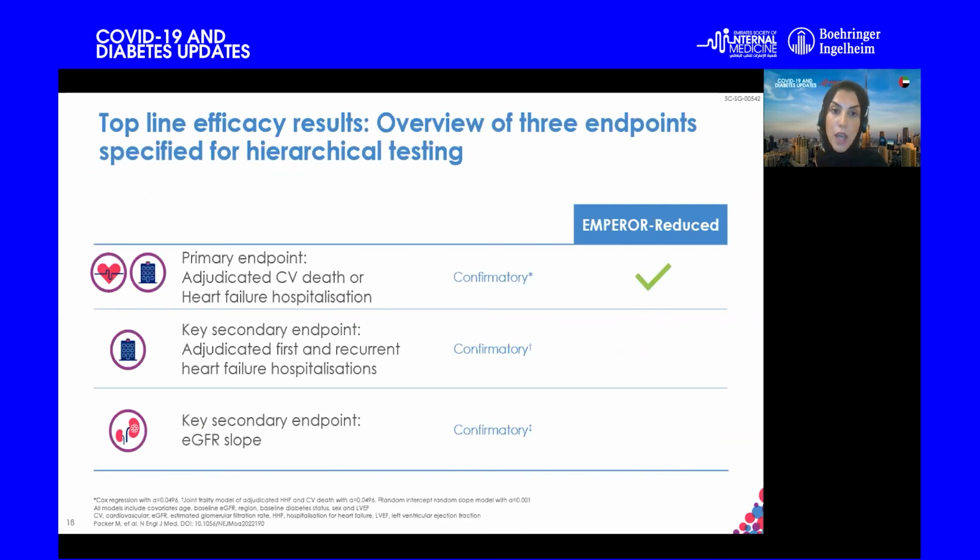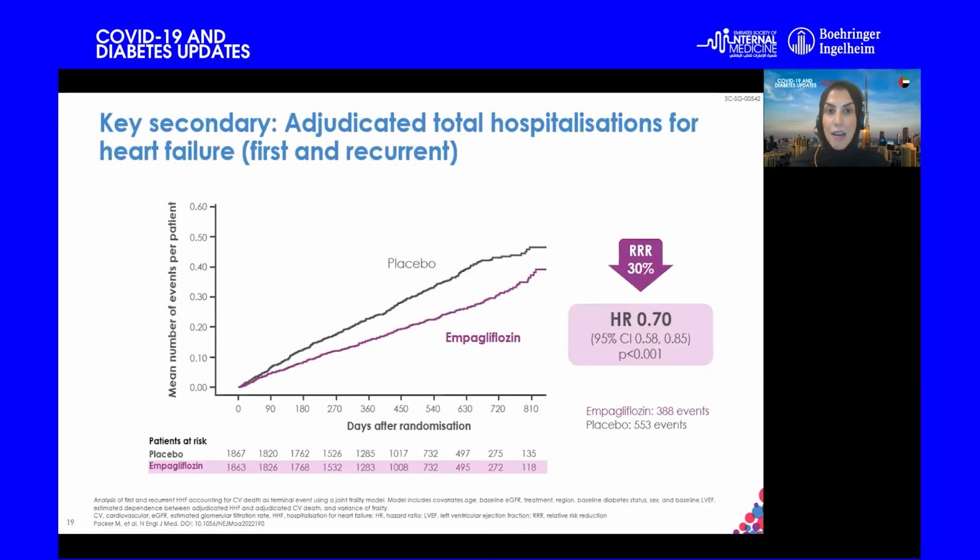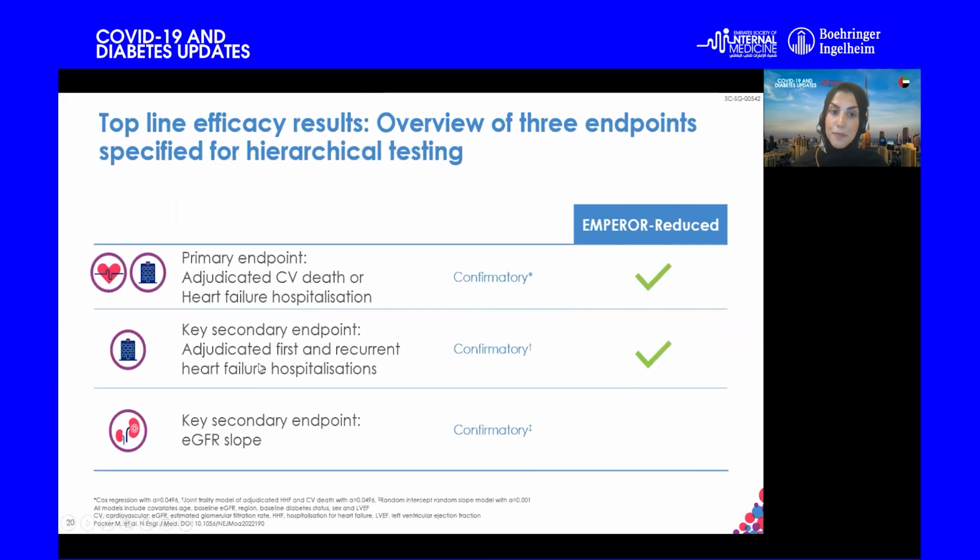Moving to the key secondary endpoint, and here we are referring to the hospitalization for heart failure, either the first and the recurrent, and empagliflozin again did meet this endpoint by achieving a relative risk reduction of 30%, statistically significant, and as well we can see the early separation from the placebo arm.